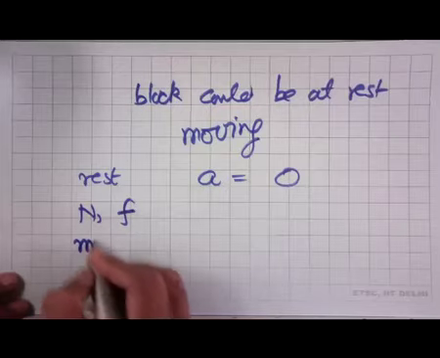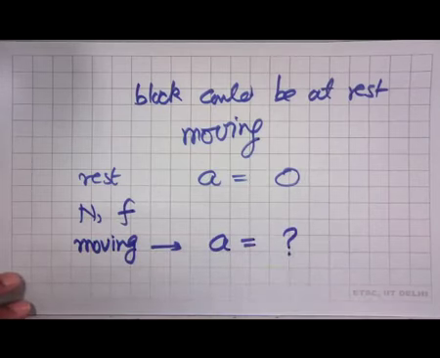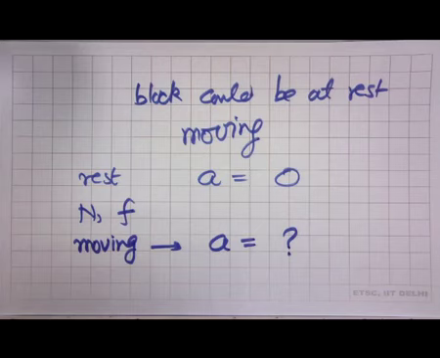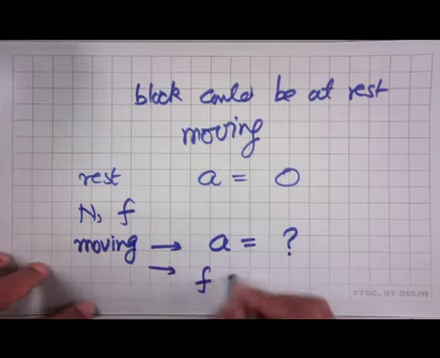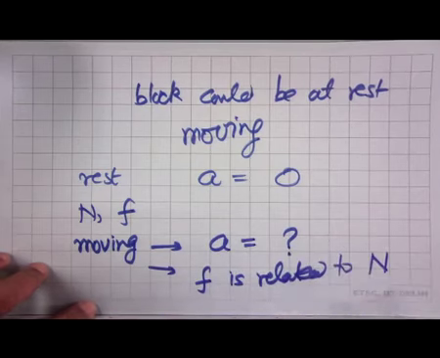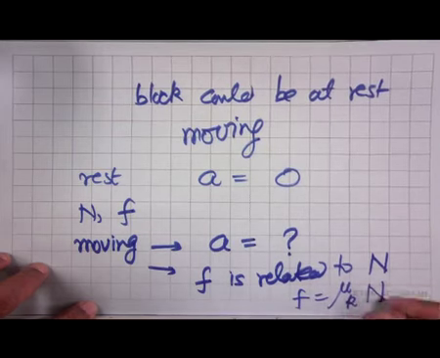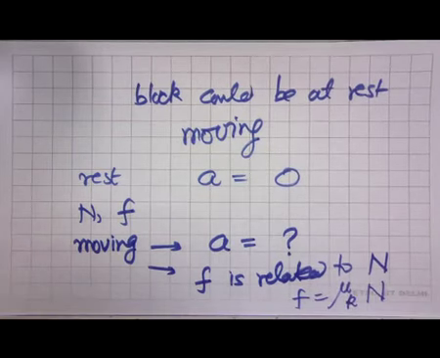But if the block is moving, then let us say the tension is given, so acceleration is not known. So then, but there what we have is, then F in this case is related to N by F is equal to mu k N. And so therefore this gives us that extra relation.